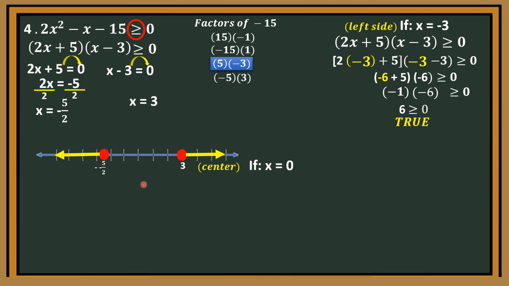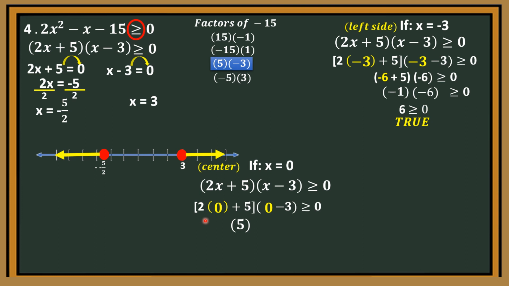So, I'm going to choose 0. Sa center natin, pwede kahit ano. So, gamit ako ng 0. Factor form, substitution. Copy 2. Ang x natin ay 0. Copy plus 5. Ang x natin ay 0. Then, copy minus 3. Copy greater than or equal to 0. Let us simplify this. 2 times 0, that is 0.